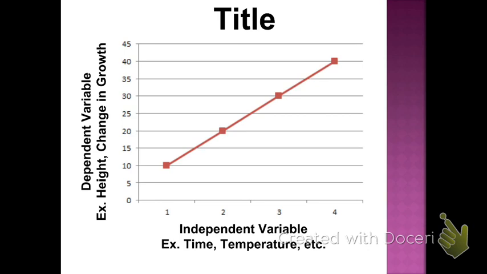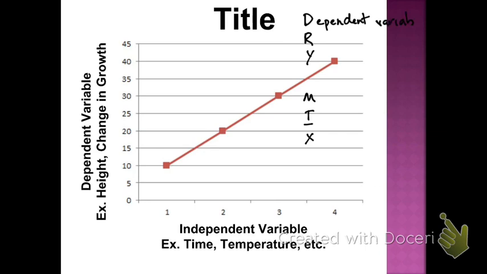So we now have to label the y and the x-axes. One way that I remember this is something called DRY MIX. DRY, or D, stands for the dependent variable.